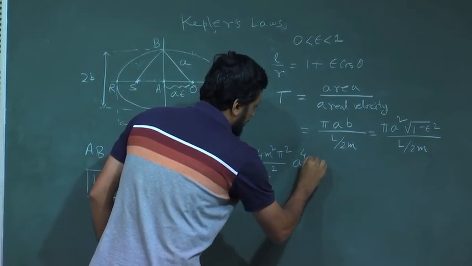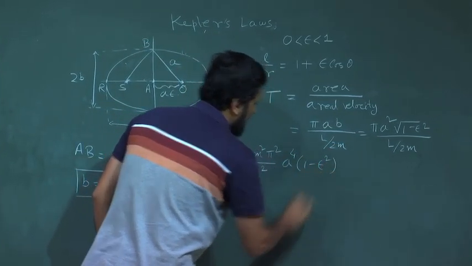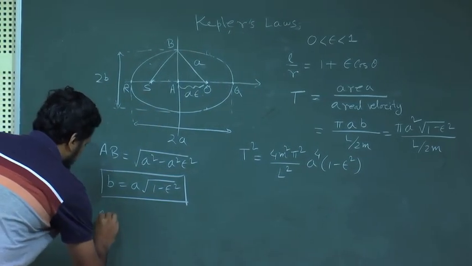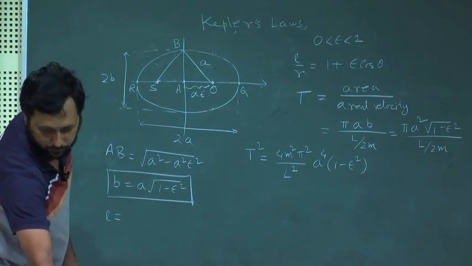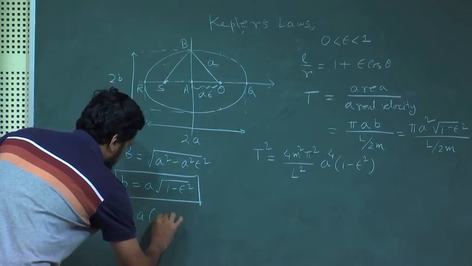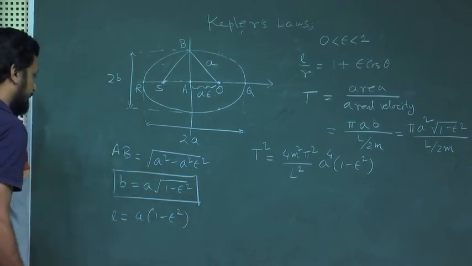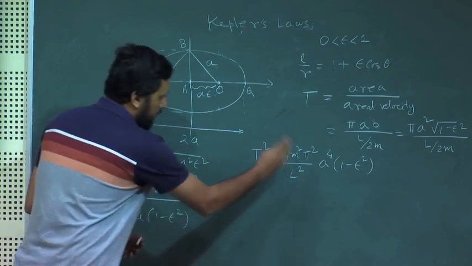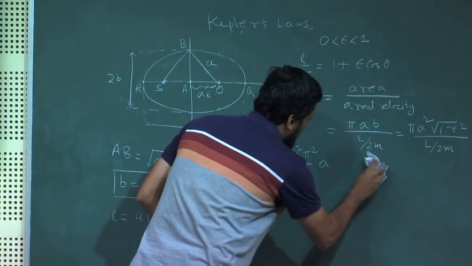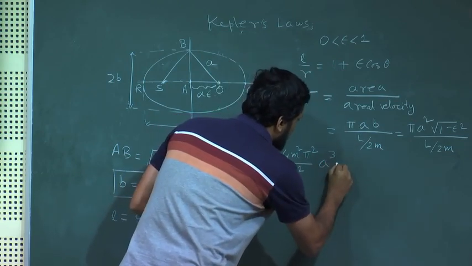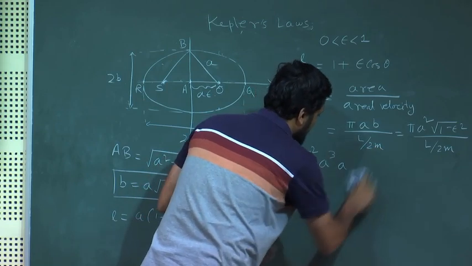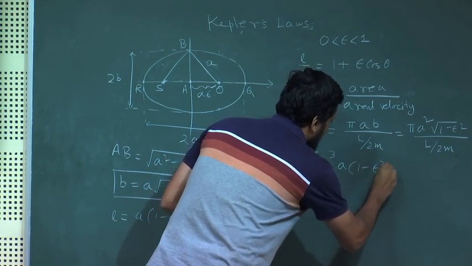So, what we can do is, we can use the relation that we have derived already, L is equal to A times 1 minus epsilon square, right. And so, we can slightly modify this as A cubed into A times, or sorry, no root over anymore, 1 minus epsilon square.